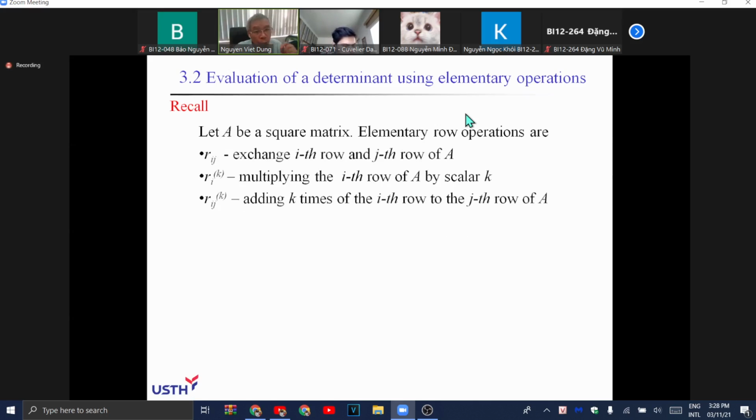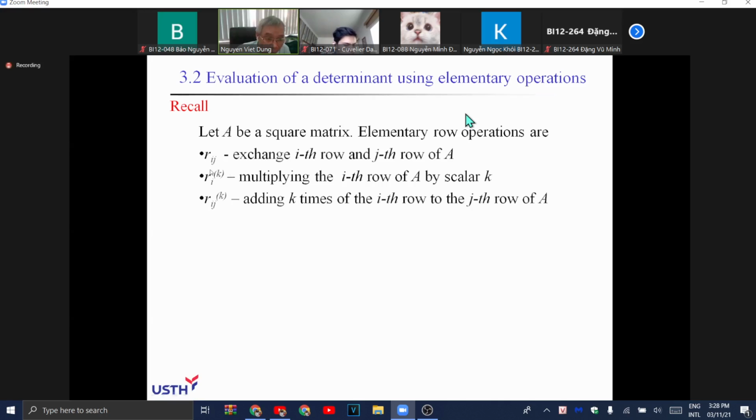So I remind you, A is any matrix, not only a square matrix, but I repeat, in this chapter about the determinant, we always deal with square matrices. So here I say A is a square matrix. We have 3 kinds of row operation as follows.